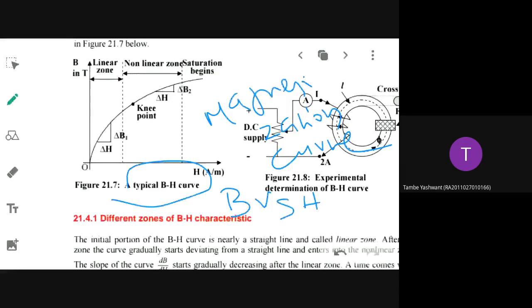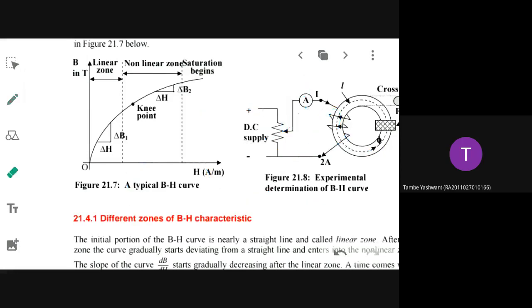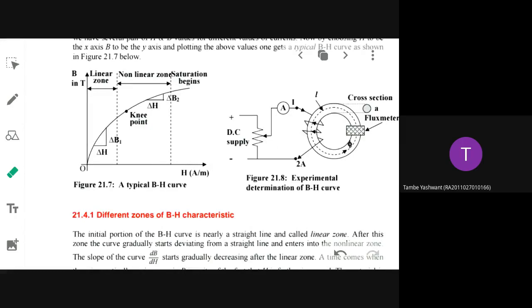If you want to draw a curve like this, then some experimental setup is necessary. Consider a setup with a magnetic medium around which you are winding a coil and passing current. By varying this rheostat, you will be able to vary the current flow.